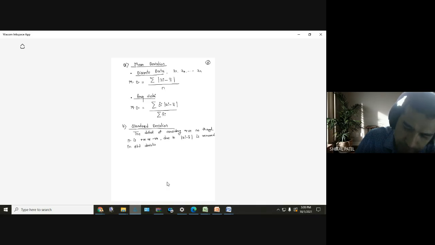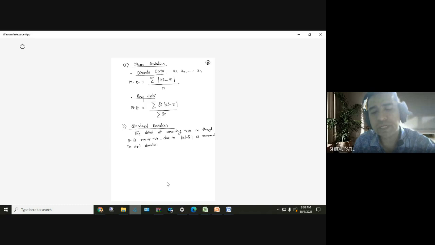So in mean deviation, what we are doing, whether xi minus x bar is positive or negative, we are considering it as positive since we are considering the modulus value. That is to be removed. So what is to be done when a negative number is converted into a positive number? For that we have to square it. Okay, so now we are squaring it.